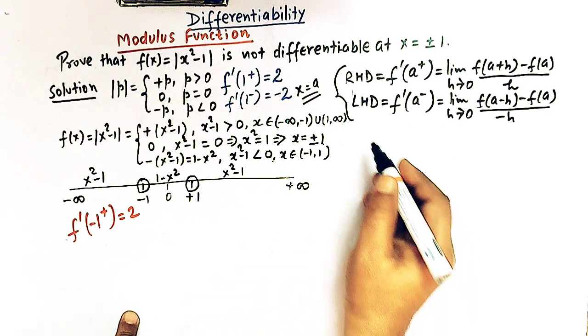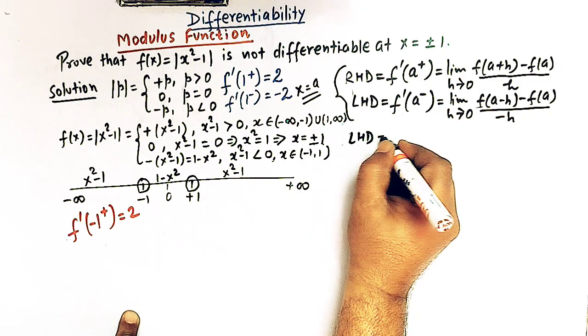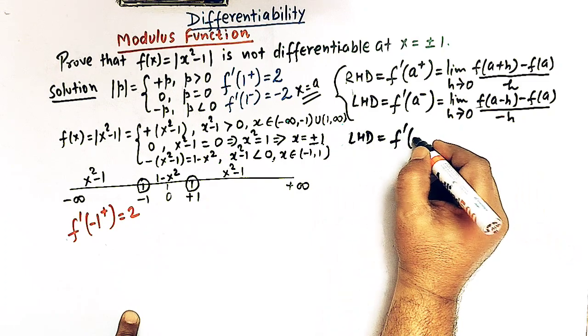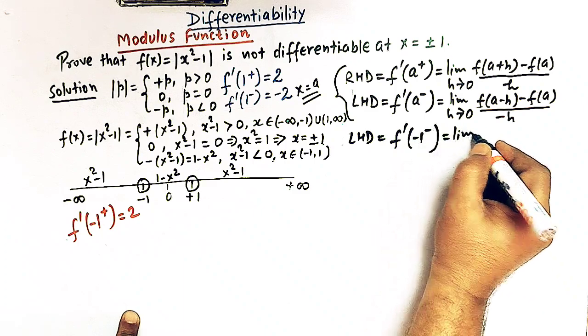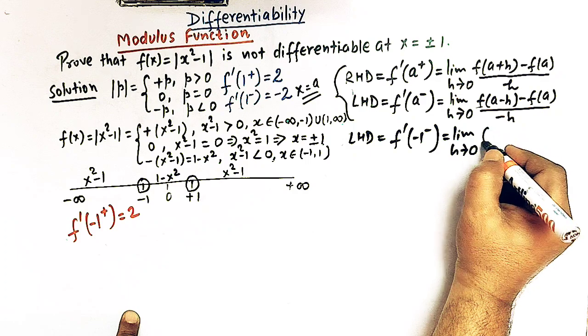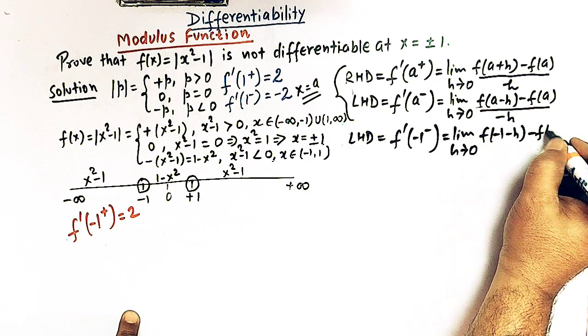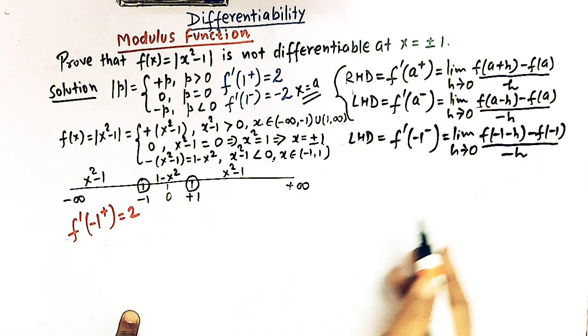So now let us find out the left hand derivative. The left hand derivative is given by this limit: limit h tends to 0 of f of minus 1 minus h, minus f of minus 1, divided by minus h, right?